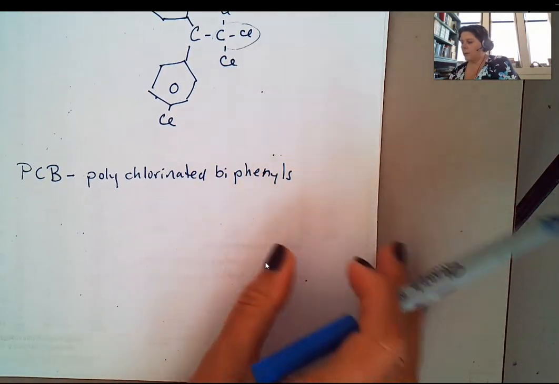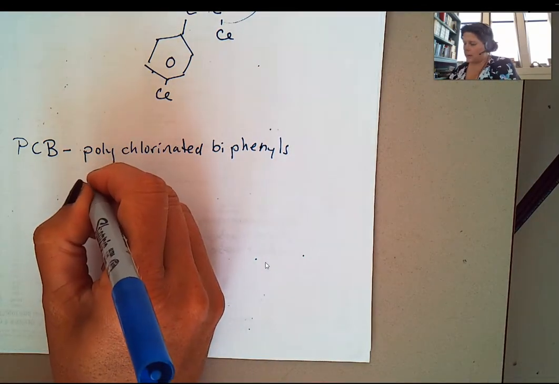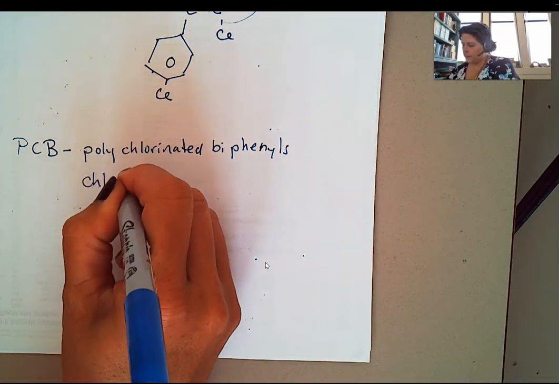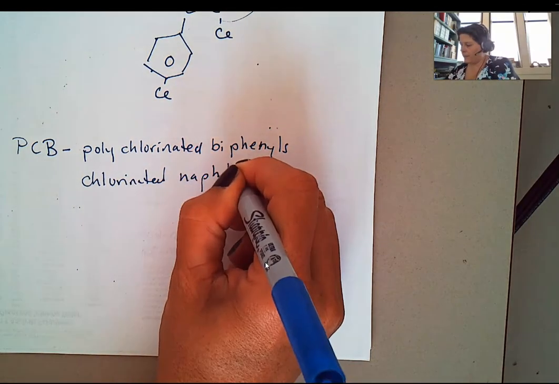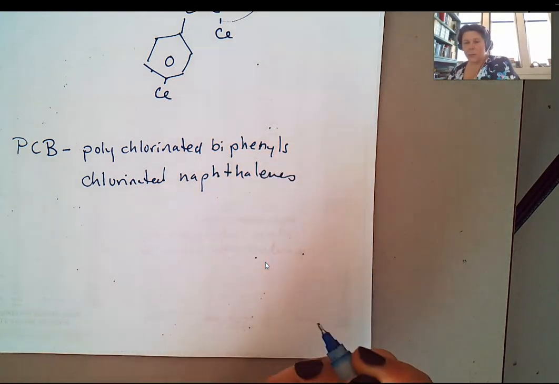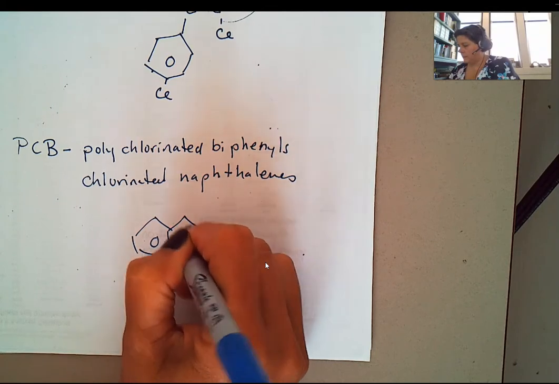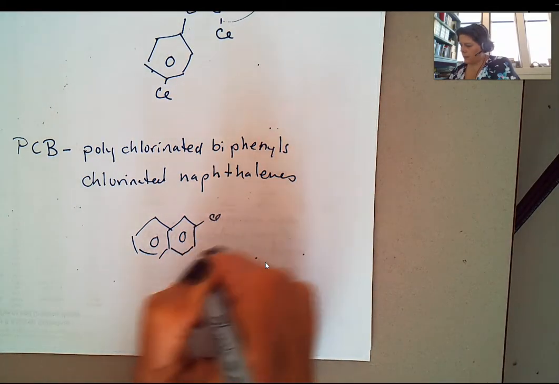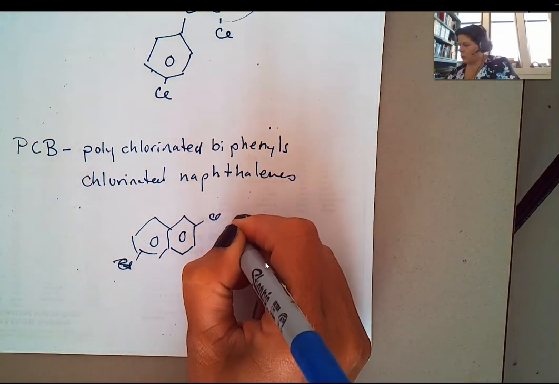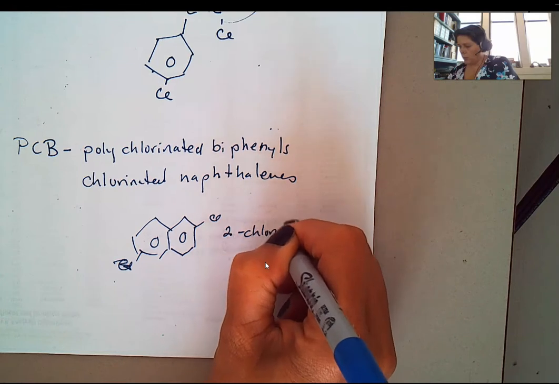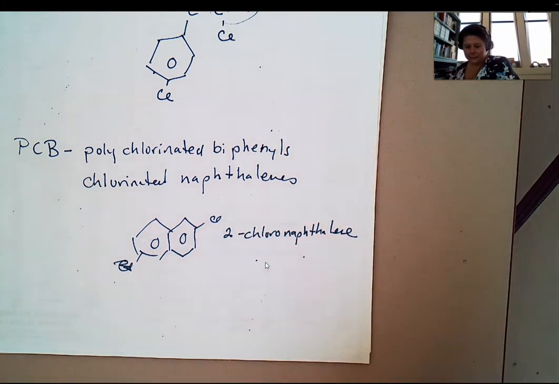Okay. So the classic one for these are also referred to as chlorinated naphthalene. So what was naphthalene again? It was 2 of these together. If we stick a couple chloro groups onto it, if we stick 1 onto it, this one is 2-chloronaphthalene.